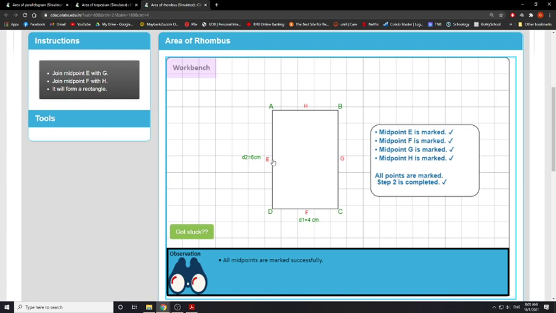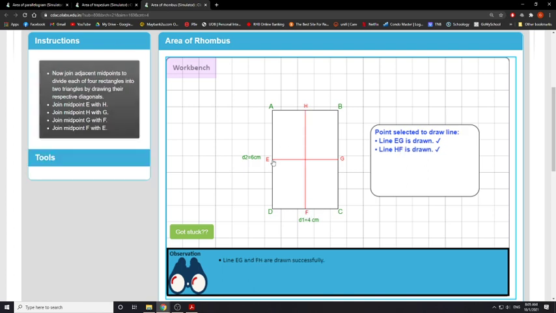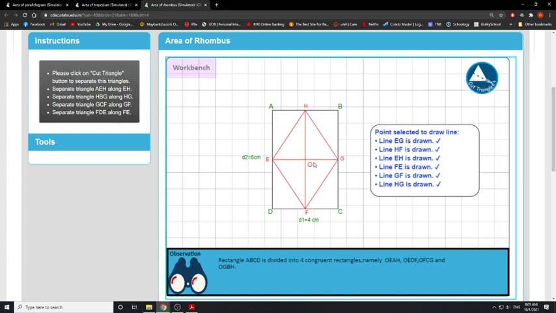Next I want to draw a line, just right across at the middle, and then after that I'm going to combine them.